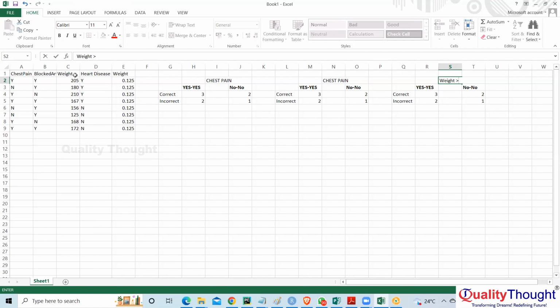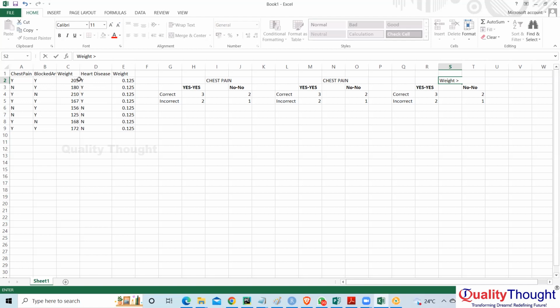You can pick maybe 170, or 168. Minimum is 125, maximum is 205.